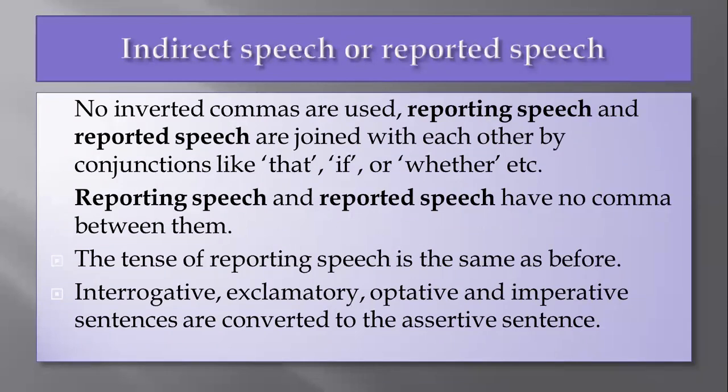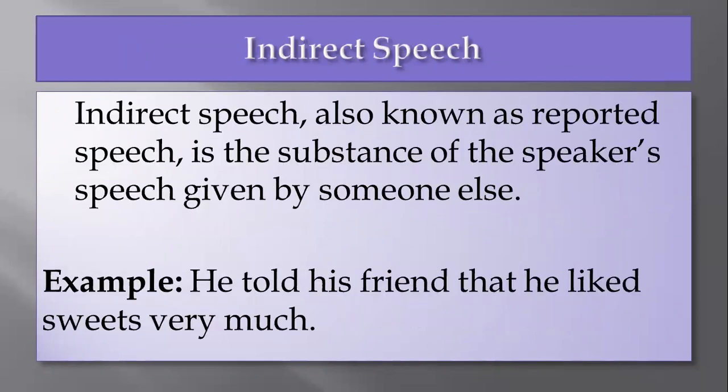First, let's see different criteria of indirect speech or reported speech. At first, no inverted commas are used, that you have already observed. Reporting speech and reported speech are joined with each other by conjunctions like that, if, or whether, etc. Here you see a conjunction that has been used.